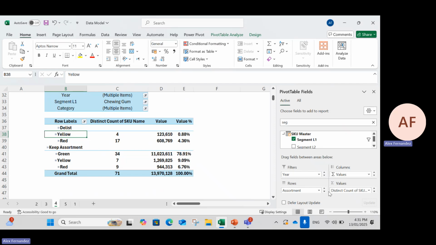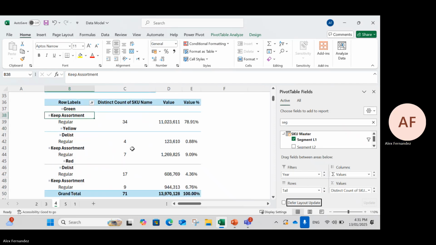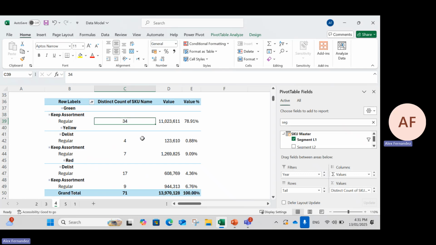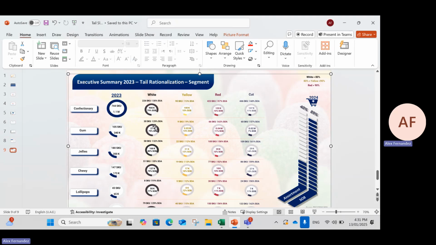And then let's put tail on top. So for green, we have 34 SKUs, 11 million, which is 34. Then we add here 34 SKUs. Okay. And we put here 11 million.